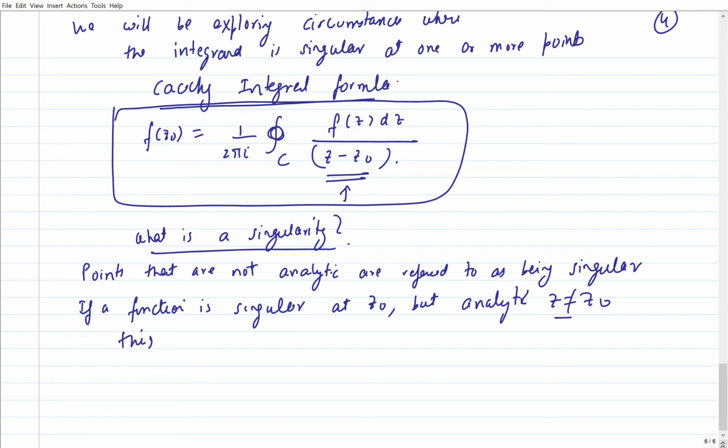So except for z being z0, it is analytic anywhere else. So that is known as an isolated singularity.